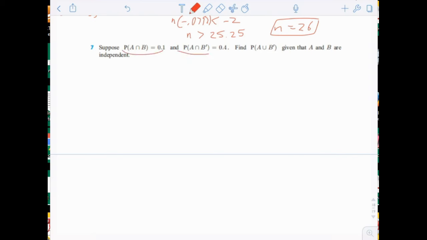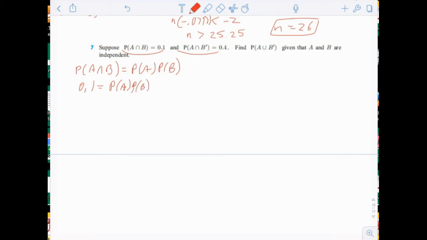Well, we do know that the probability of A intersect B is equal to the probability of A times the probability of B, right? So let's write that out in an equation. 0.1 is equal to P(A) times P(B). Okay, then let's look at this one.